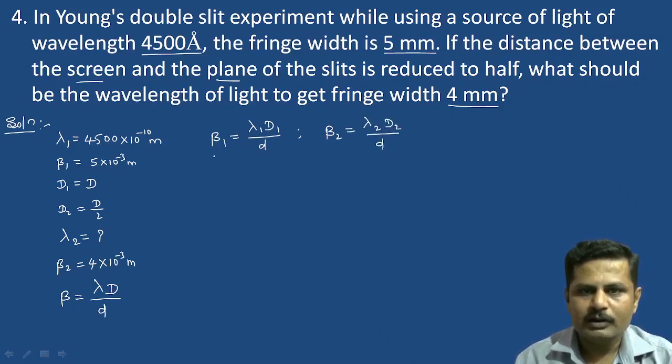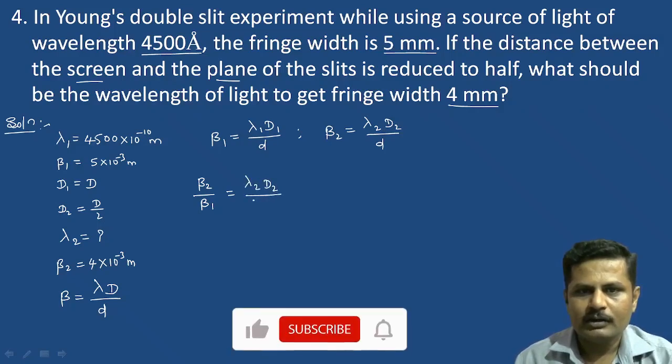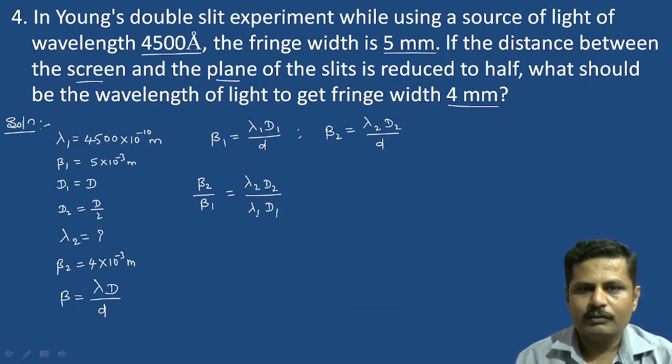So I'm dividing beta 2 by beta 1, that is beta 2 divided by beta 1 equals lambda 2 d2 divided by lambda 1 d1, because this d and d get cancelled. Now d2 is nothing but d by 2, and d1 is nothing but d.